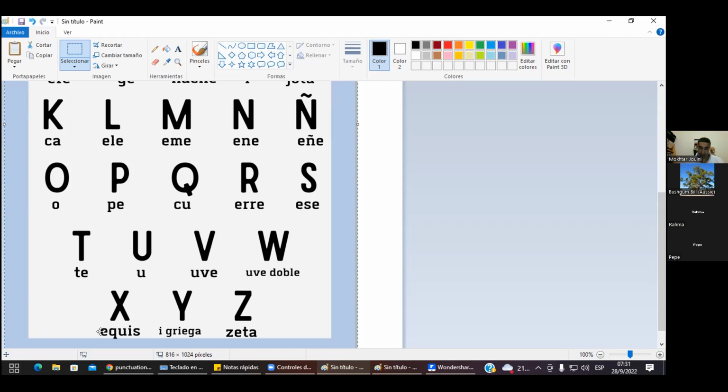Okay, now the X one. X is called X in Spanish. We use it also on very rare occasions, but there is a very special way to use it, because in ancient Spanish it was very commonly used.